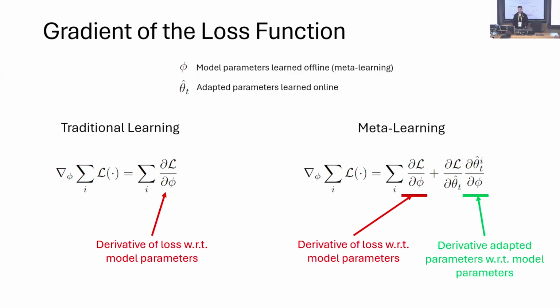But when you look at the meta-learning part and the adapted parameters, you get an extra term. The extra term is the derivative of the adapted parameters with respect to the model parameters. It tells you, when changing your model parameters, how much does your adaptation change, and that informs the meta-learning aspect.